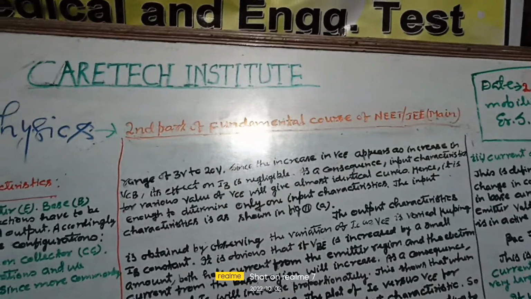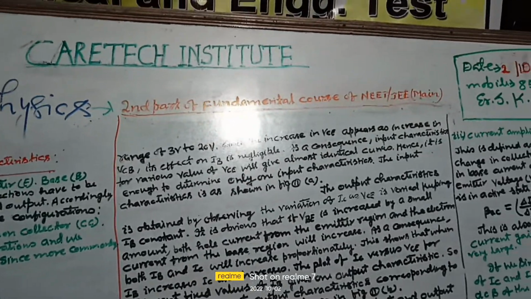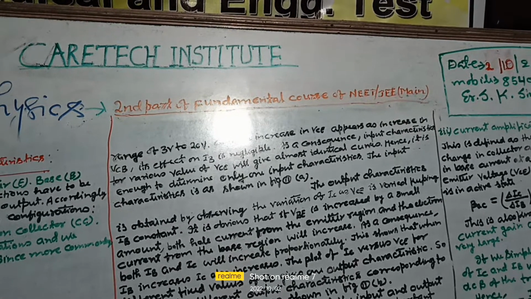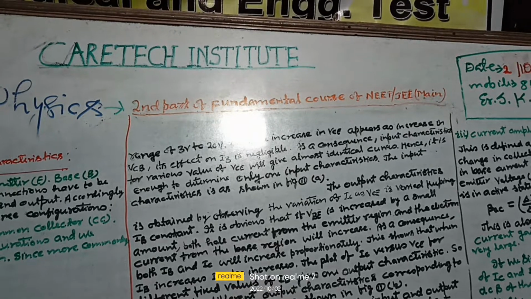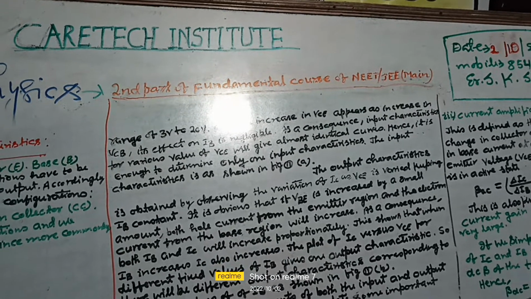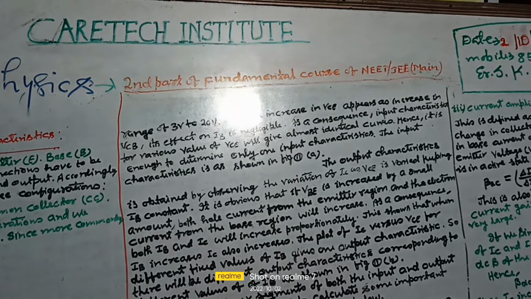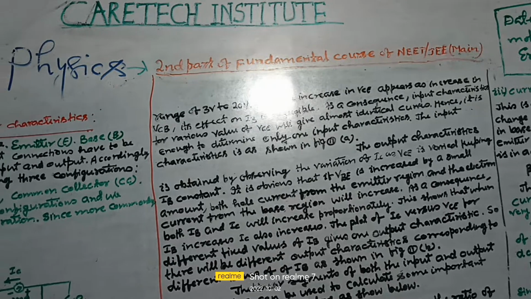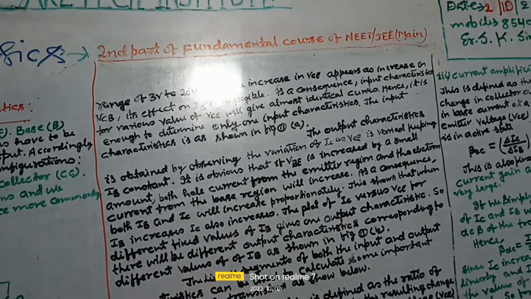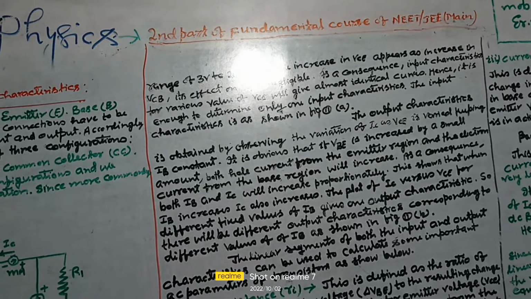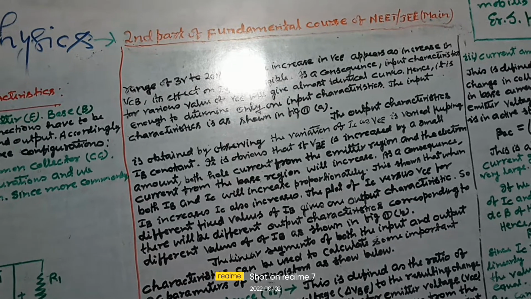Since the increase in VCE appears as an increase in VCB, the effect on IB is negligible. As a consequence, input characteristics for various values of VCE will give almost identical curves. Hence, it is enough to determine only one input characteristic. The input characteristic is as shown in figure 2A.